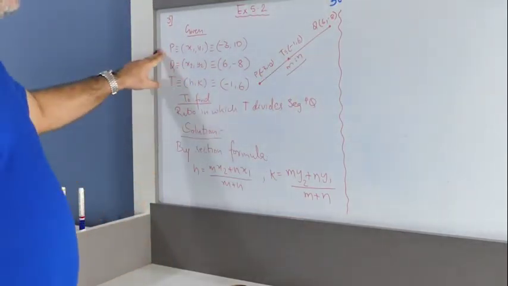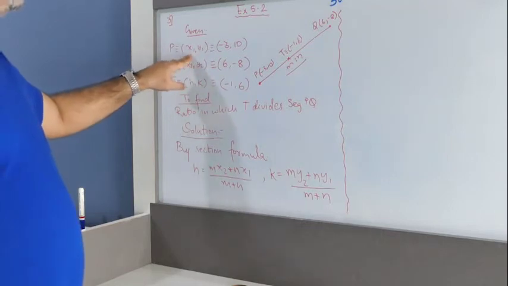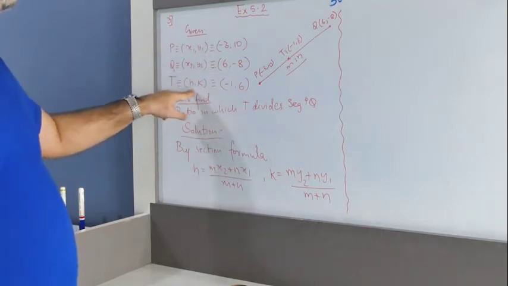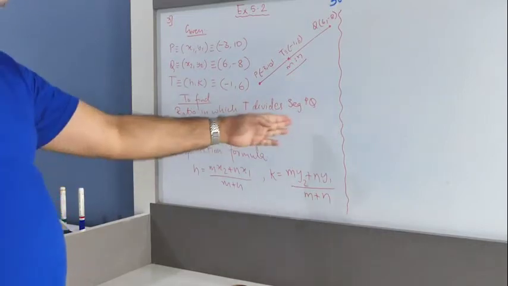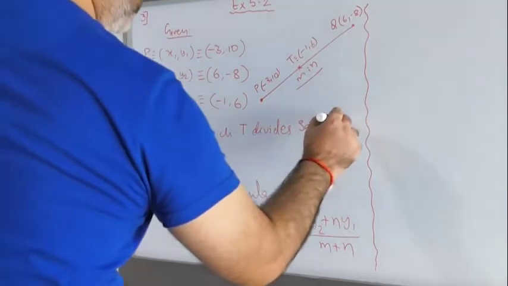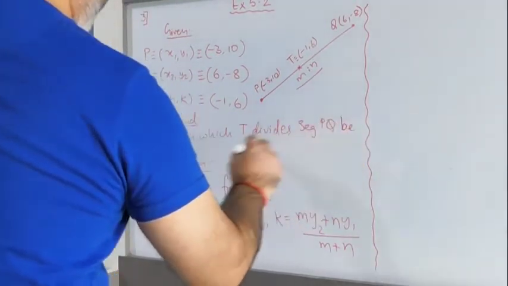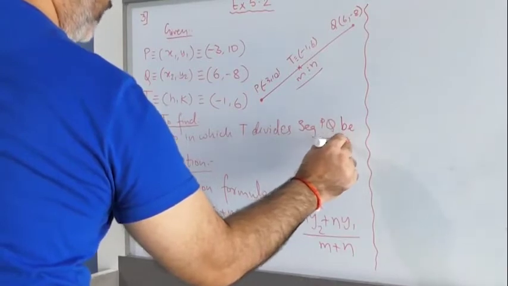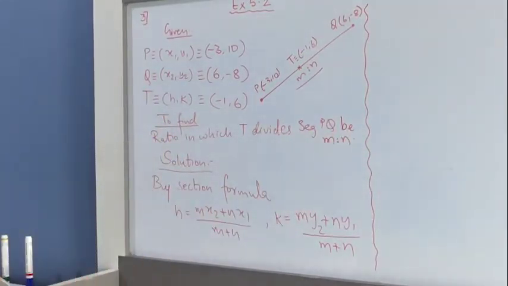Now, P we will assume as x1, y1, Q as x2, y2, T as h, k, and we will say let the ratio in which T divides segment PQ be m is to n.